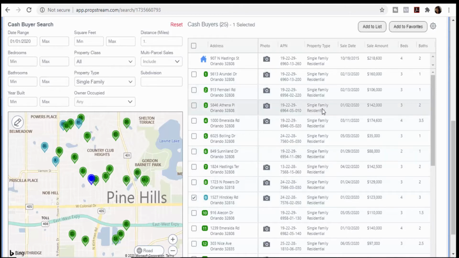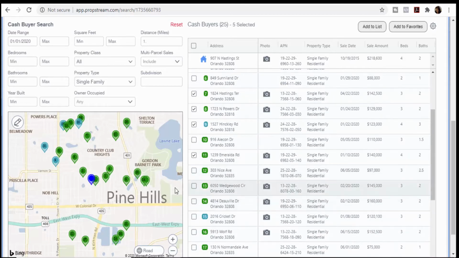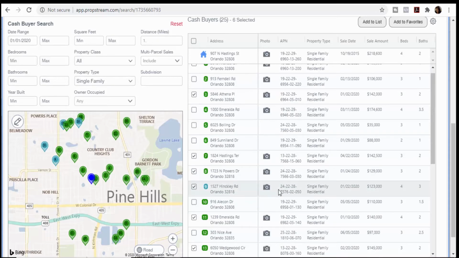Remember we had looked at that 3-2 at 142. Here's another 3-2 at 142. A 3-2 at 130 or 129. Here's a 4-2 at 140. A 3-2 at 140.